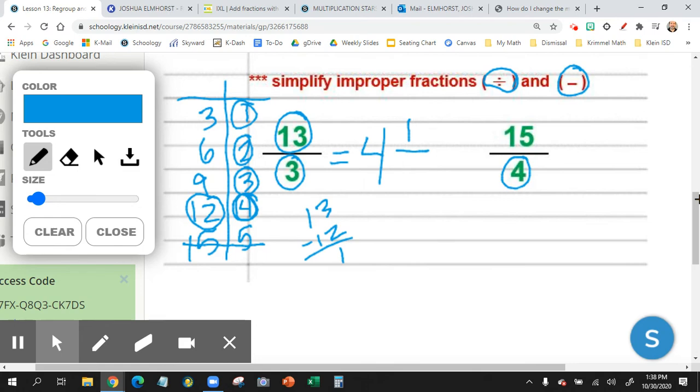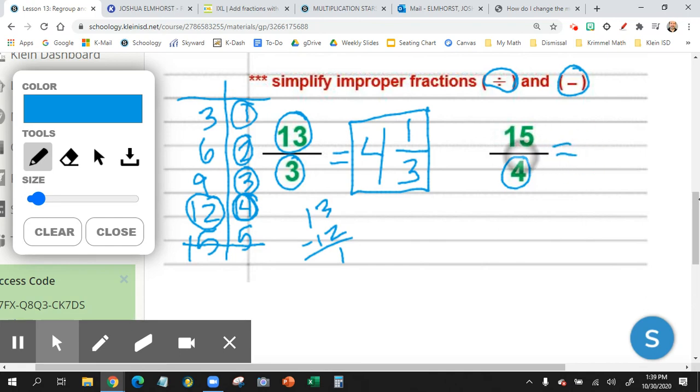And then the remainder goes over 3, the fraction part that's left over. So we're left with 4 and 1/3. So this fraction, 13 thirds, means we have 4 whole numbers inside this fraction, and then we also have 1/3 left over.